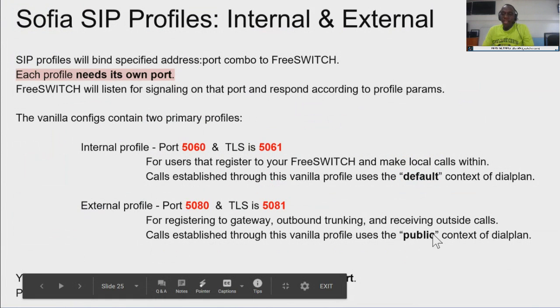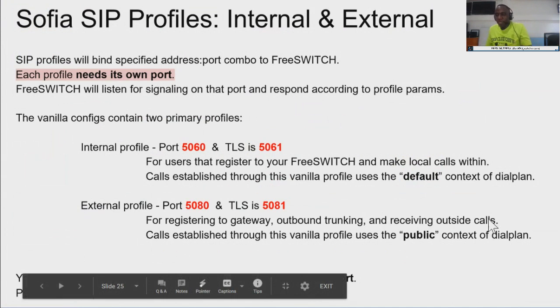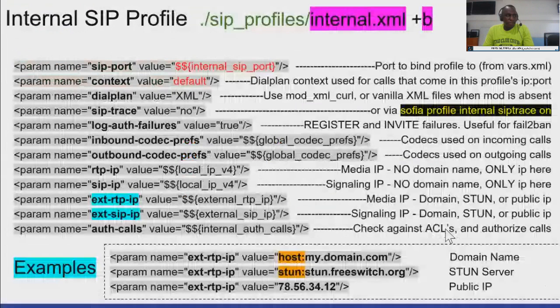We can go inside those SIP profile configurations and change those ports. For users that register to your FreeSWITCH and make local calls within, we use 5060. For registering to gateways, outbound trunking, and receiving outside calls established through this vanilla profile, we'll use the public context. So once you have those 2 concepts, it will be easier for you to configure FreeSWITCH.